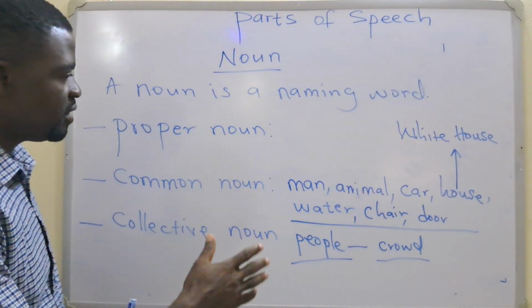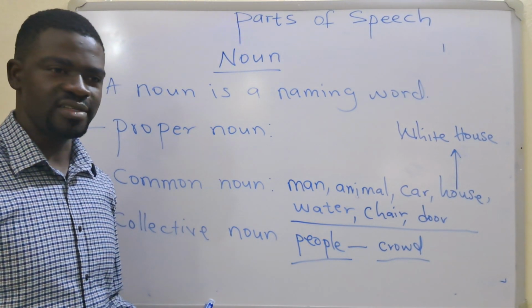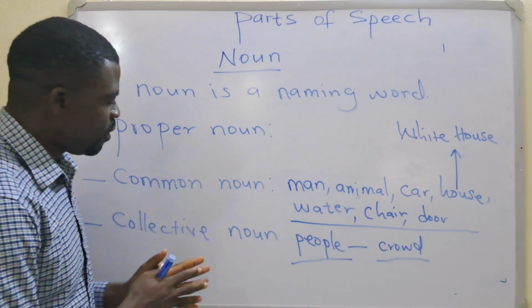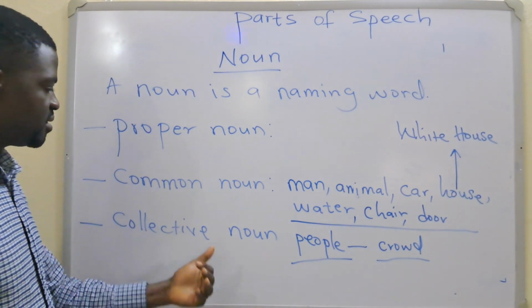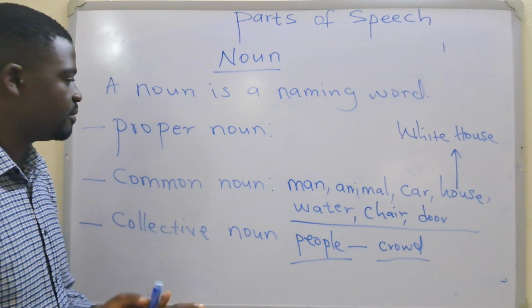And so on and so forth. I believe you still remember some of those words from your primary school, secondary school class. So a group or a collection of nouns is a collective noun. There's a name for that.